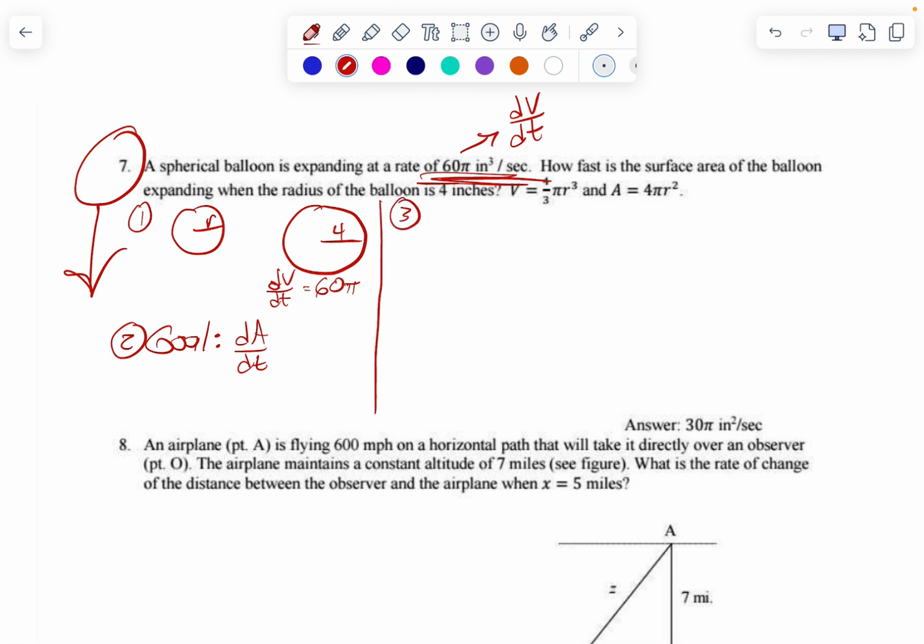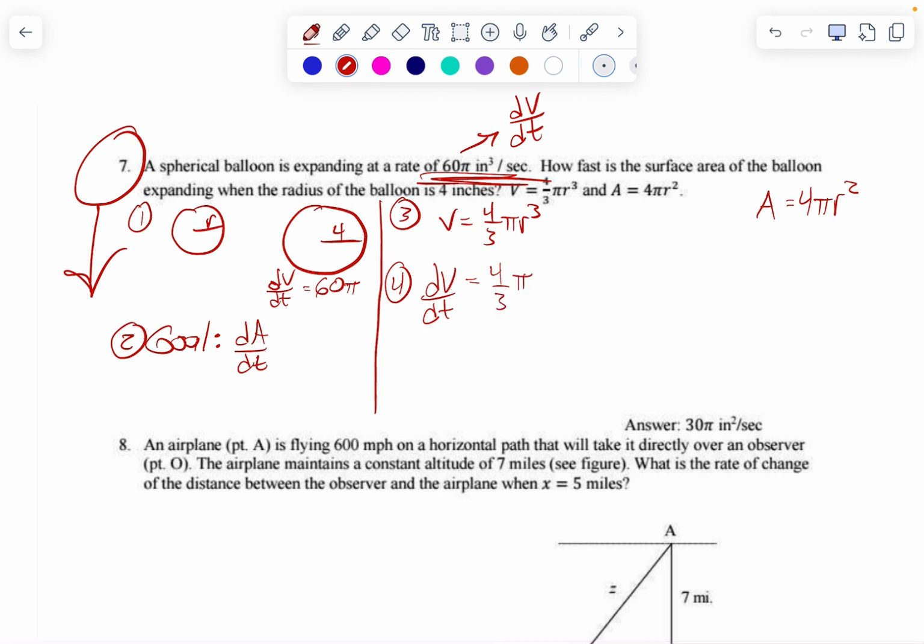Okay, step 3. Well, it gives us that the volume is 4/3 pi r cubed, and also the area. So I think I'll leave the area one over here for now, just to work with it in a second. Okay, step 4 is to differentiate. So we get dV/dt. That looks good, but since we were given that, 4/3 pi is a constant.